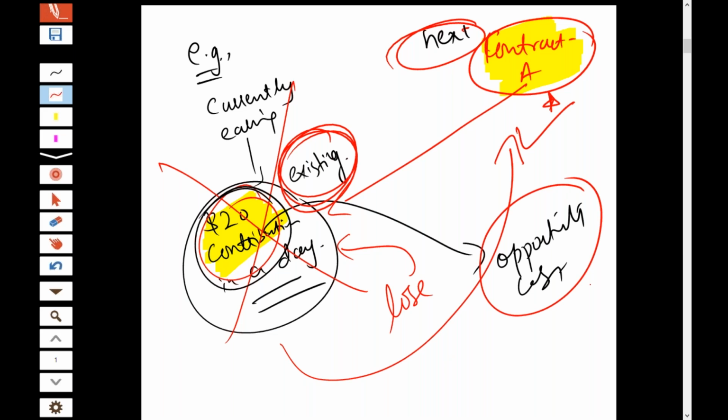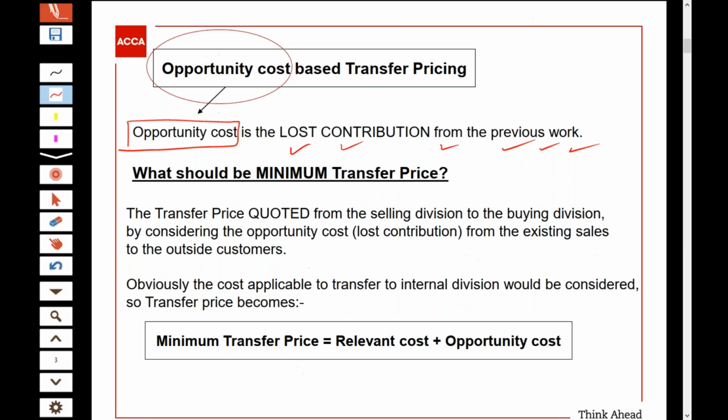So opportunity cost means the lost contribution from the previous work, for the next work. This is simply the opportunity cost.